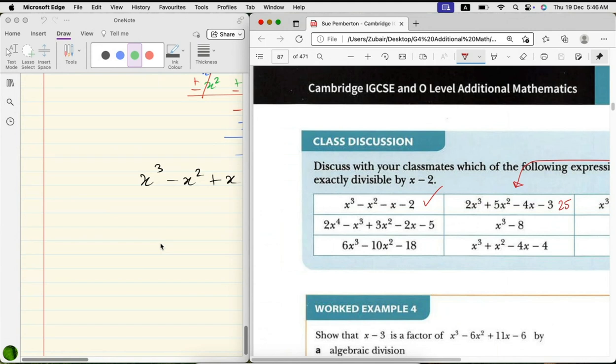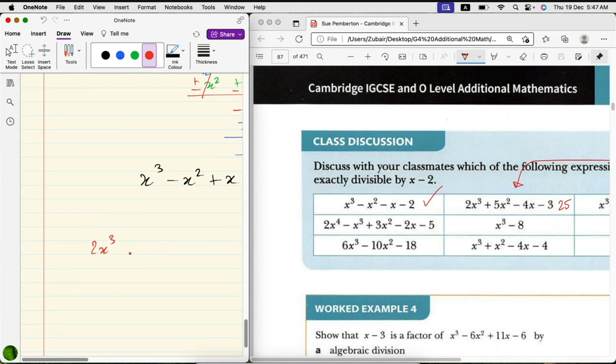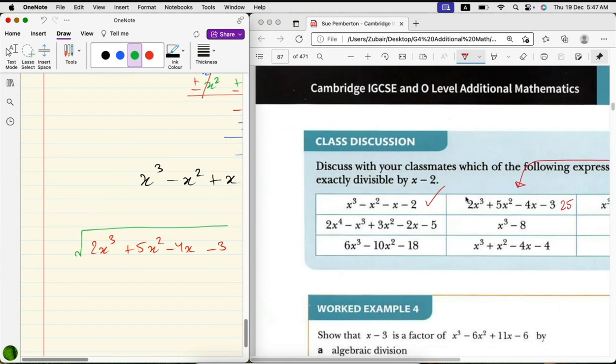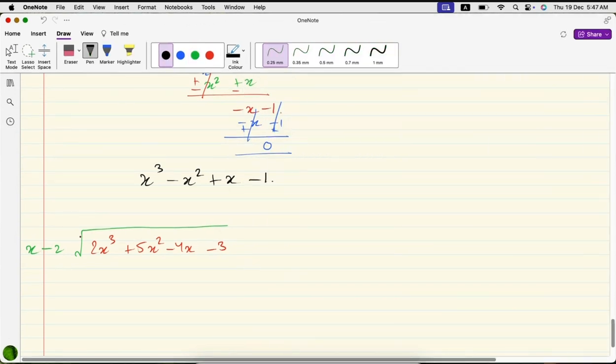Okay, now let's just see how it would look if we would have done it through long division. 2x cube plus 5x square minus 4x minus 3, and we are dividing it with x minus 2. 2x square gives me 2x cube minus 4x square, plus minus minus plus, cancels out. This is 9x square minus 4x minus 3.